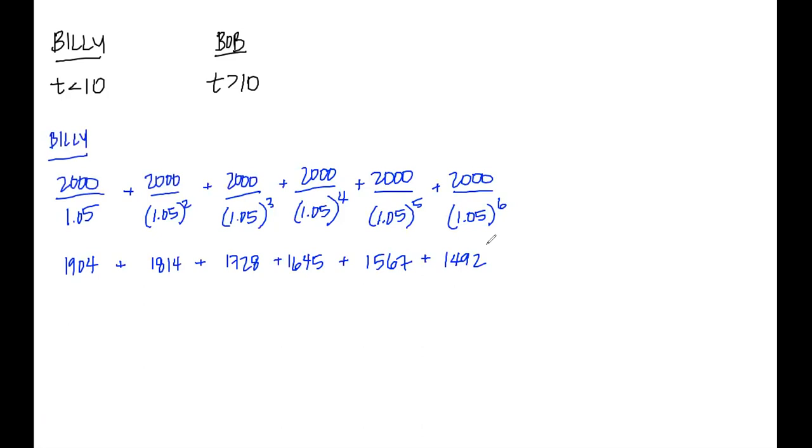So adding these 6 up, we can see that it equals 10,150. So with just the first 5 periods, we would see that it's less than 10,000, and adding that 6th period reaches that 10,000 mark. So what this means is that it takes Billy at a minimum 6 years to cover the cost of the program.